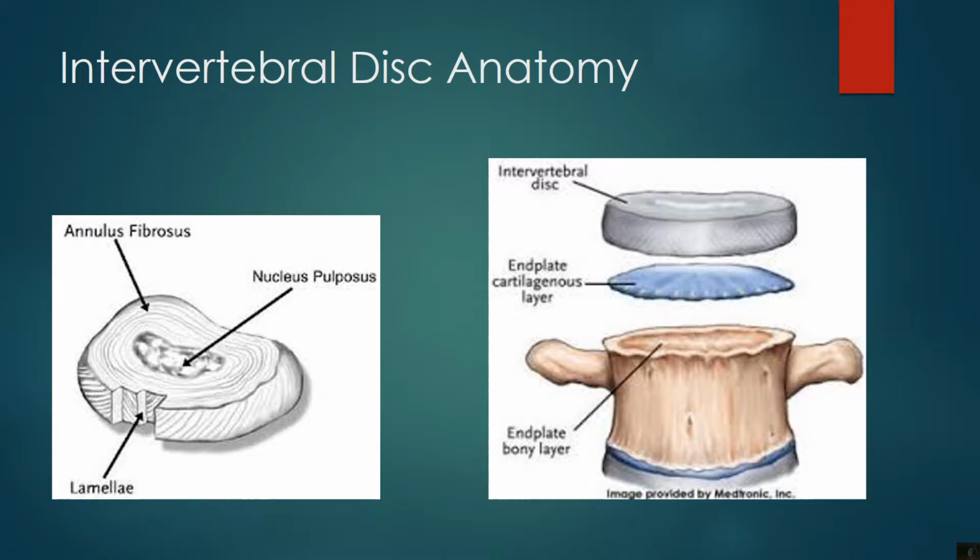Between the disc and the vertebrae, the end plate is a cartilaginous layer, and nutrients and waste are diffused through this end plate to keep the discs healthy. The middle of the disc is composed of the nucleus pulposus. That's the gelatinous part. That's surrounded by the annulus fibrosus, which is tough and flexible, and it's made of concentric layers, the lamellae.